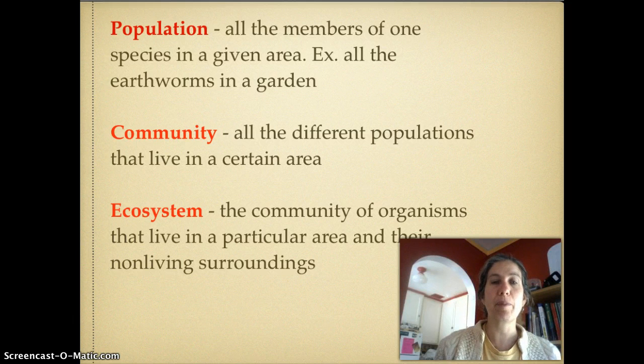So all of those different populations in a certain area that are living make up a community. And when you add in the abiotic factors, so when you get the biotic and the abiotic together, that gives you your ecosystem. Once again, you might need to pause, write down some of these vocabulary words, and then also align them with the focus questions.